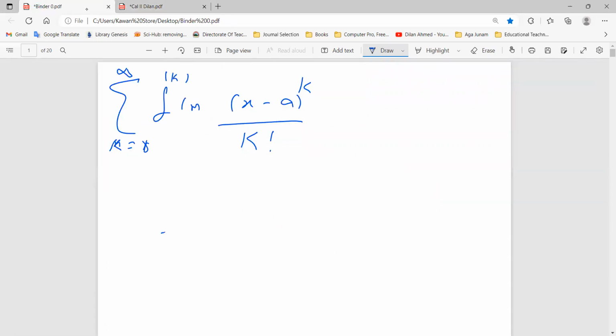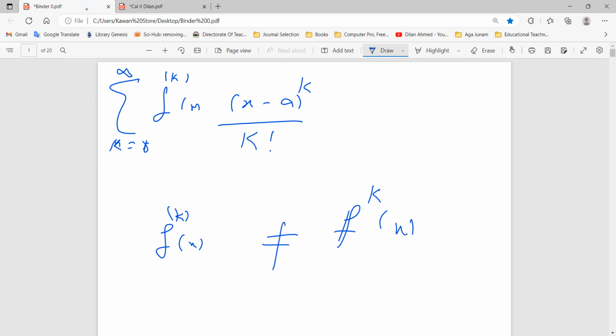So what's f of k? What do you mean when you write f^(k)? Are they equal or not? Not equal? So tell me, what is the left side?